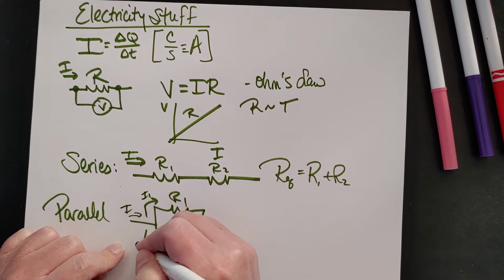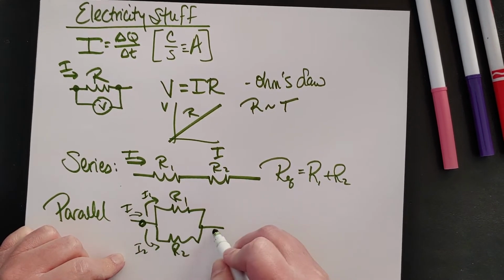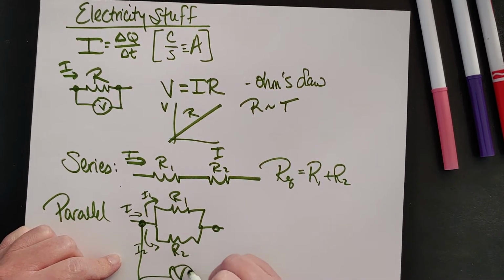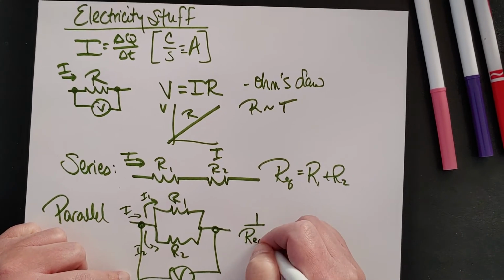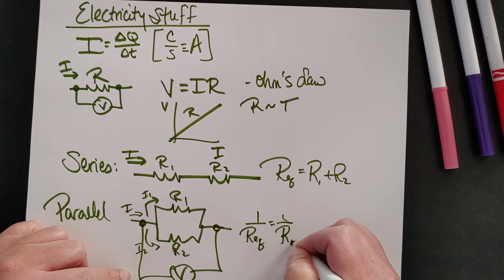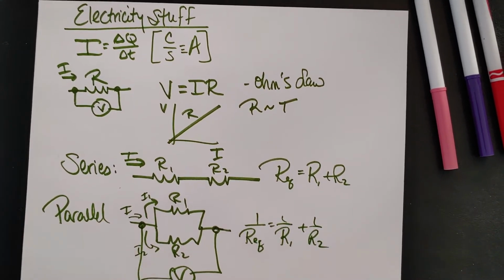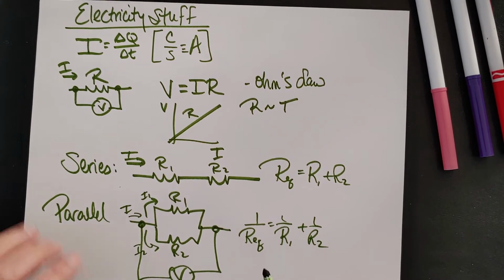So you get I1 and I2, but the voltage across them is the same. And then you get this fun inverse stuff to give you the equivalent resistance.